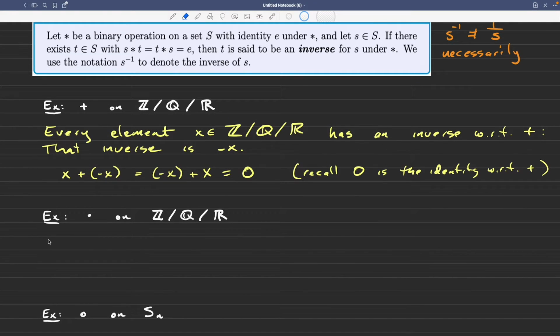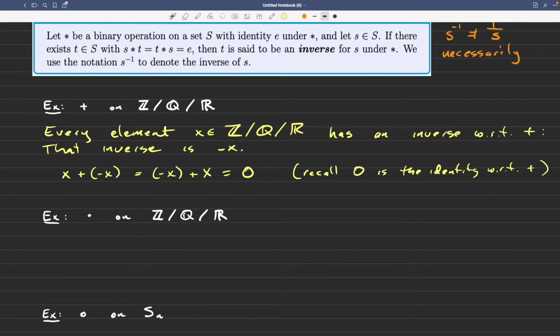Now if we do multiplication, in some ways it works the same way on the integers, the rationals, and the reals, but when you start thinking about inverses, things get different. Multiplicative inverses of most integers don't exist within the integers, but in the rational numbers and the reals, except for 0, you do have a multiplicative inverse.